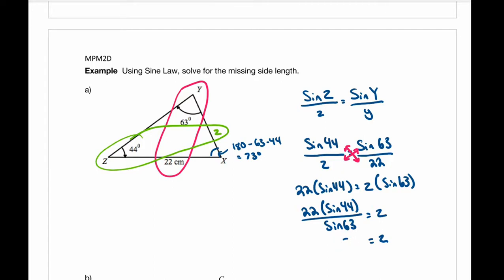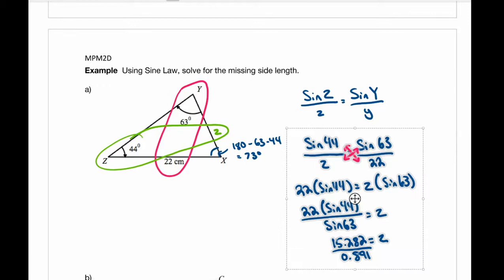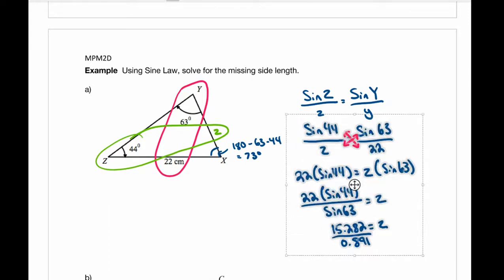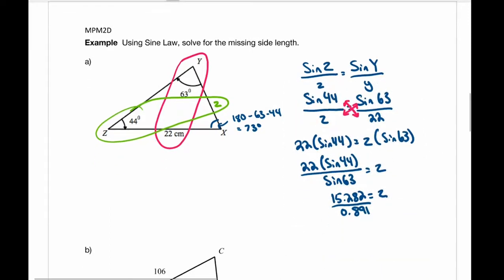15.282 divided by sine 63, which is 0.891. Let me just move this up. And then we can solve for z by just dividing the two.